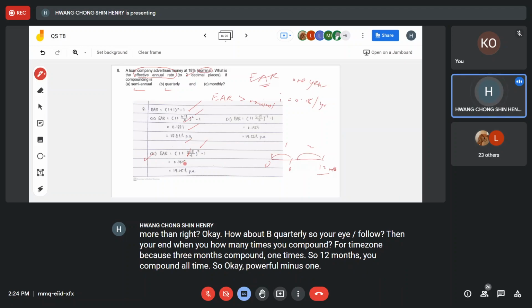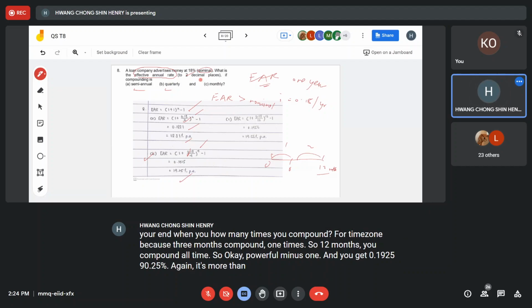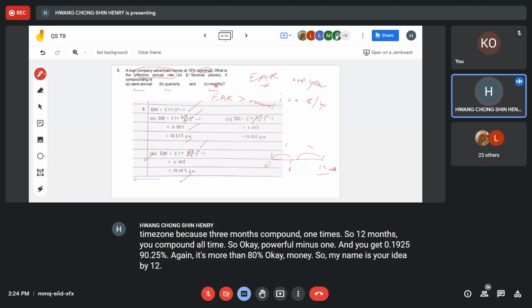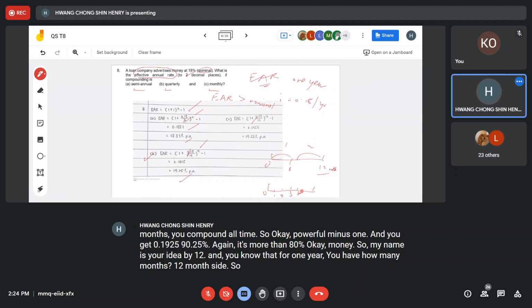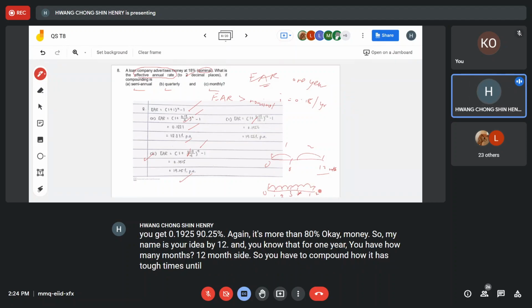Then you get 0.1925, 19.25%. Again, it's more than 18%. Okay, monthly. So monthly means your I divided by 12. And you know that for 1 year, you have how many months? 12 months, right? So you have to compound how many times? 12 times until December.